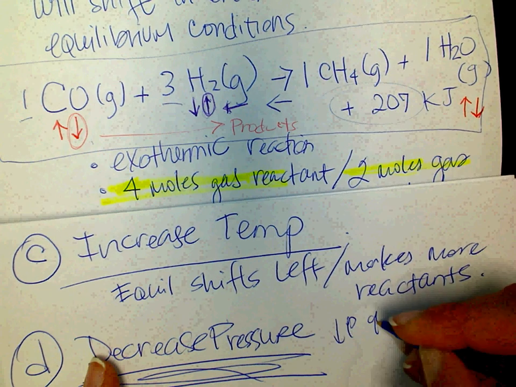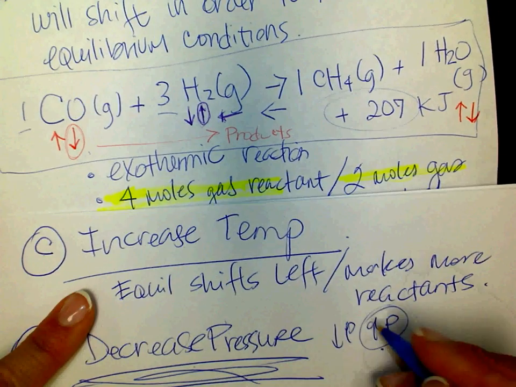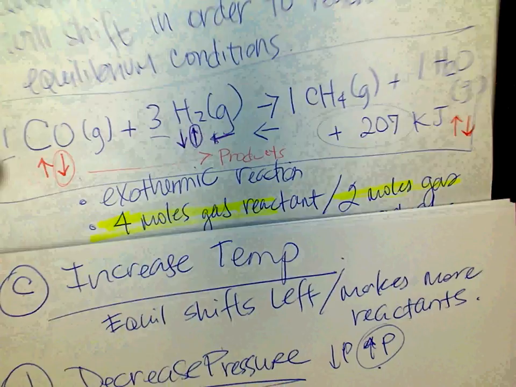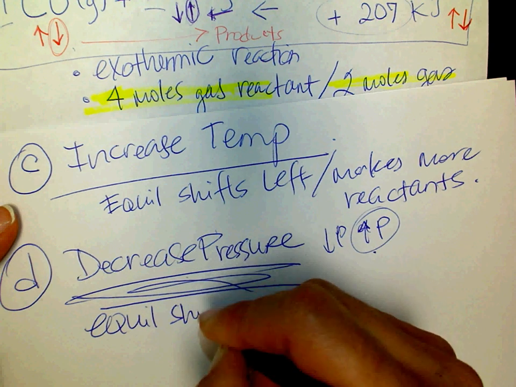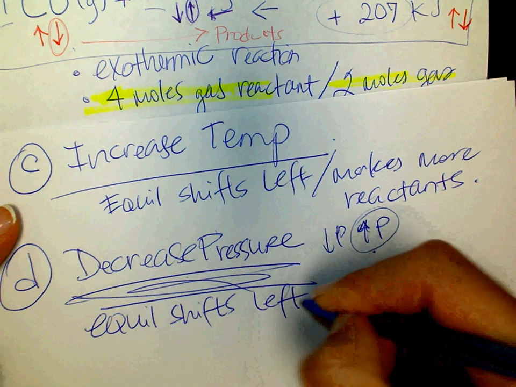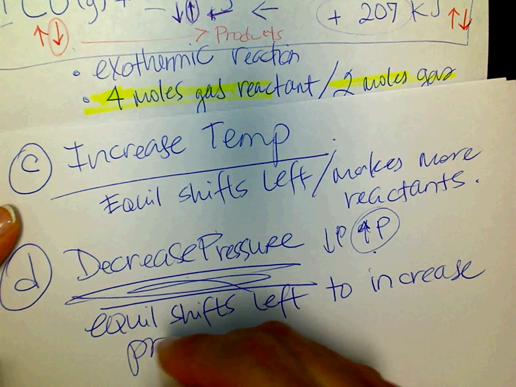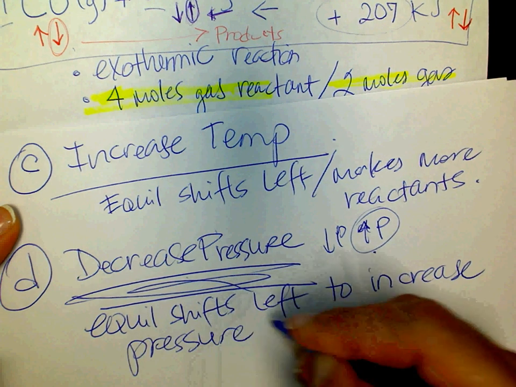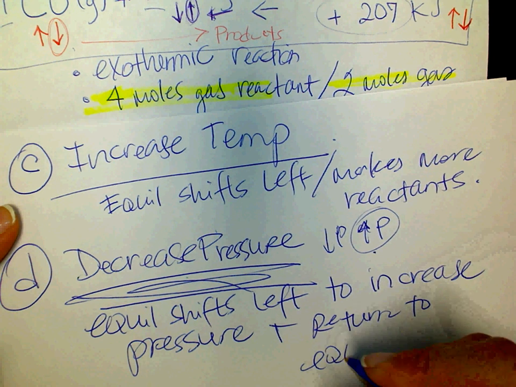How are we going to increase pressure? We're going to shift left. All right, equilibrium shifts left to increase pressure and return to equilibrium. Write that down.